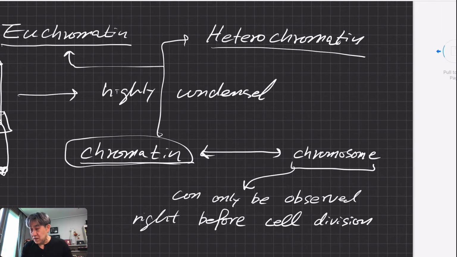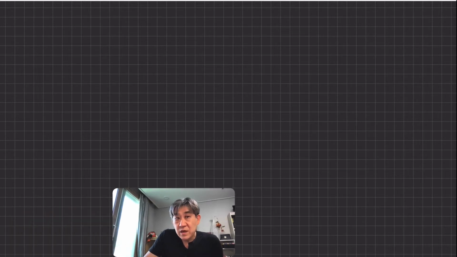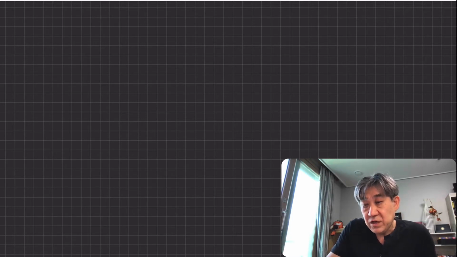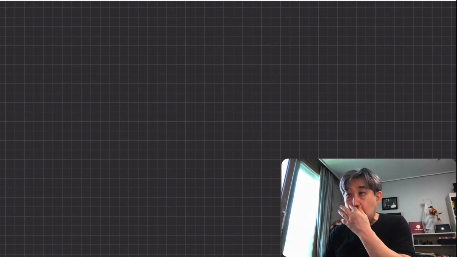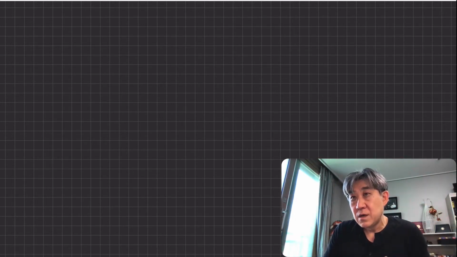Another thing is that heterochromatin areas usually don't have any genes. Later today, we are going to take a look at how we actually define a gene, what is a gene and what is non-gene, technically speaking. But before we do that, these heterochromatin areas, especially the constitutive heterochromatin areas, don't harbor any genes.